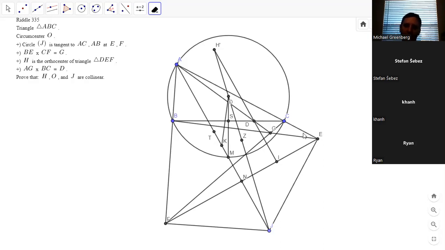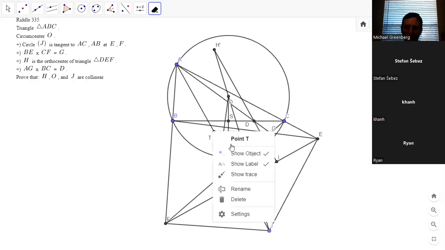And then we want to show that those are perpendicular. And that happens to be the same as showing that ZN is perpendicular. So yeah, we can hide a lot here. We just want to show ZN is perpendicular to BC. So yeah, we don't need T then.